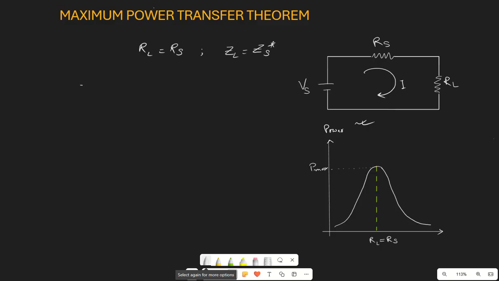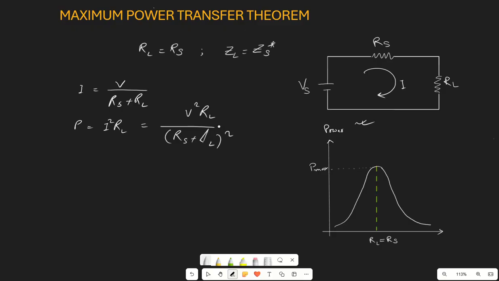In this circuit, the value of current I will be given as V divided by RS plus RL. Now the power delivered across the load is P equals I square RL, which, putting in the value of I, becomes V square RL divided by RS plus RL whole square.